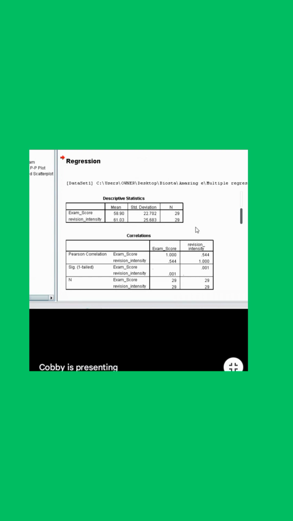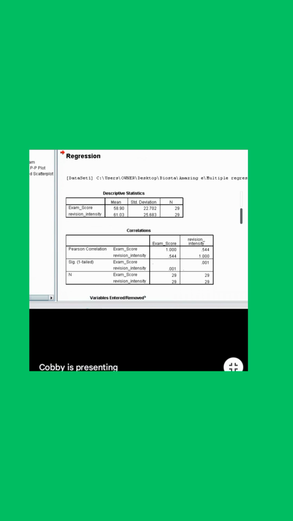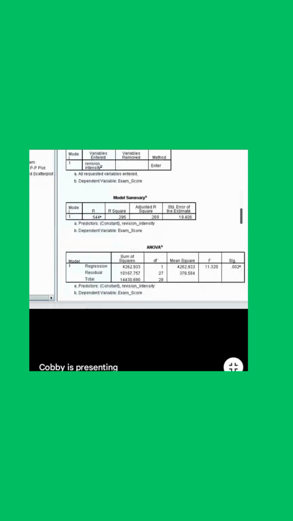Then you go to another table, which is the model summary. Okay, so the model summary has these values. We have R and R square. These are the most important values. So the R value of 0.544 explains that there is a positive relationship between intensity of study and exam score.